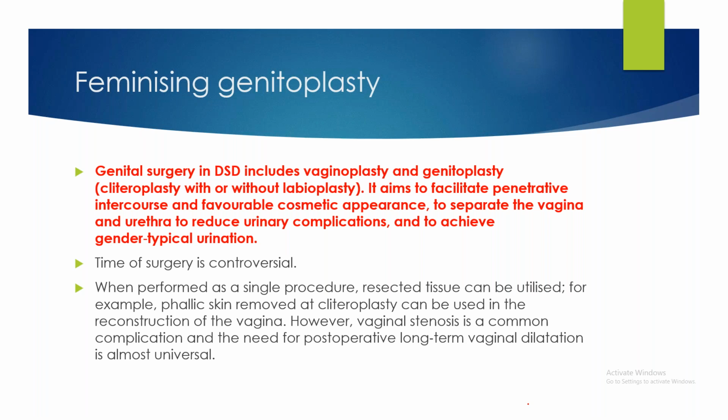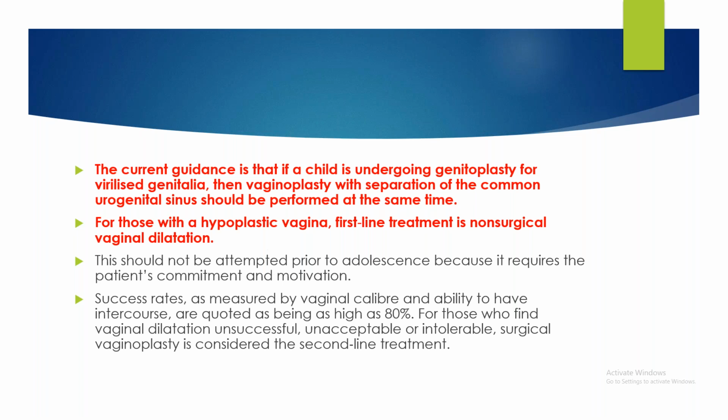So the guidelines for genitoplasty are: if virilized genitalia are there, then vaginoplasty and separation of a common urogenital sinus should be performed at the same time in childhood. For those with hypoplastic vagina only, first line treatment is non-surgical vaginal dilatation.